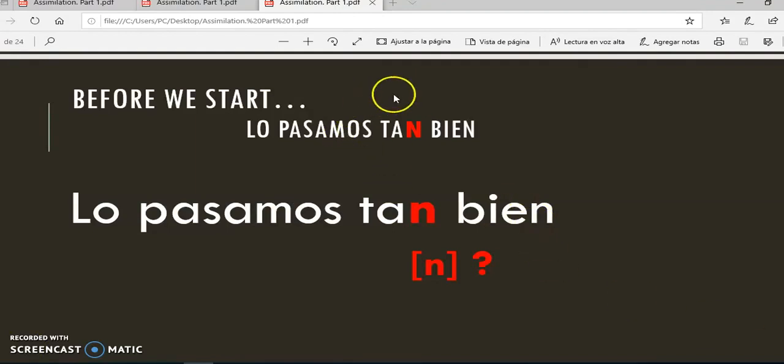I want you to repeat this phrase and focus on the production of the nasal sound. Lo pasamos tan bien. Are you producing an alveolar nasal here? Tan bien.